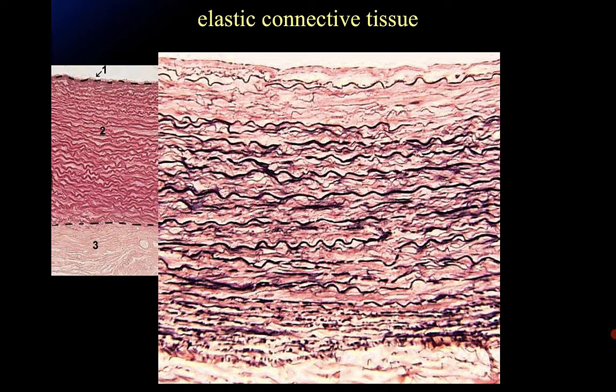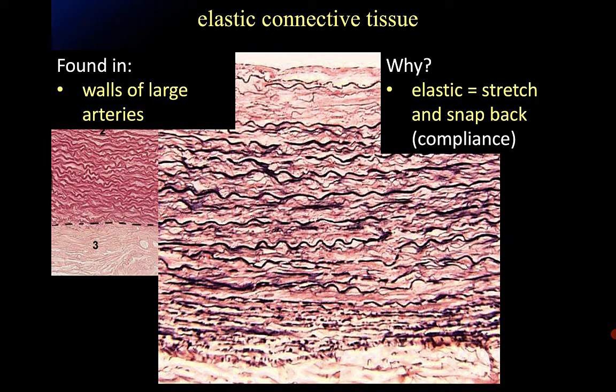So what happens with this is it can stretch, but it's going to snap back to its position the way we see it now. So we need to think about places that are going to need to do that. So to stretch and snap back, we're going to provide what we call compliance to our arteries.